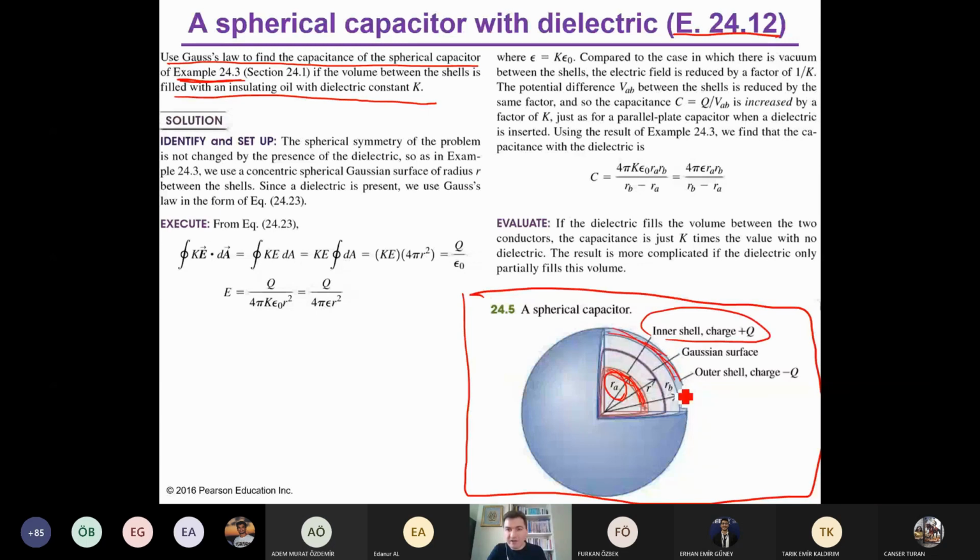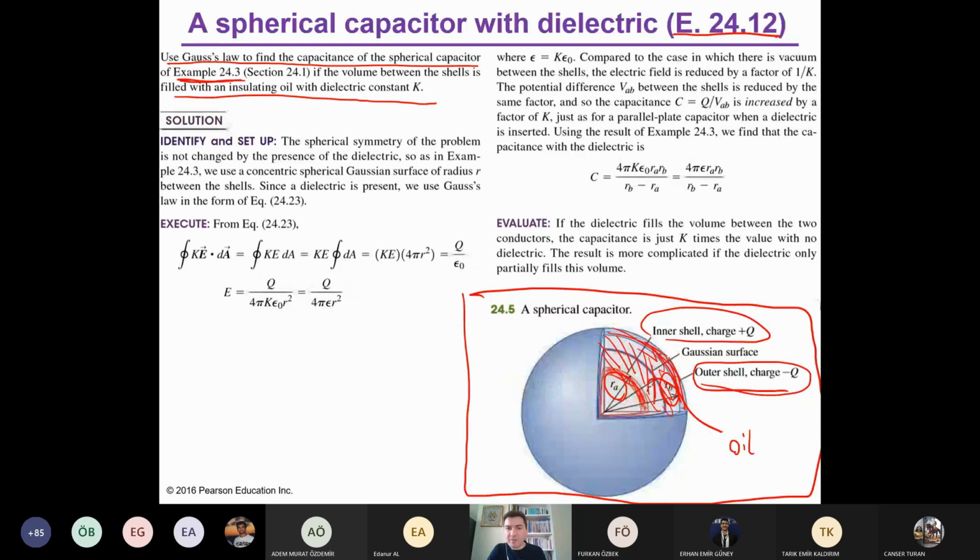It has radius RB, and it is charged with negative Q. In the previous lecture, we considered that between the shells there is nothing, just air or vacuum. But here we consider that between the spheres we have oil, an insulating or dielectric oil.